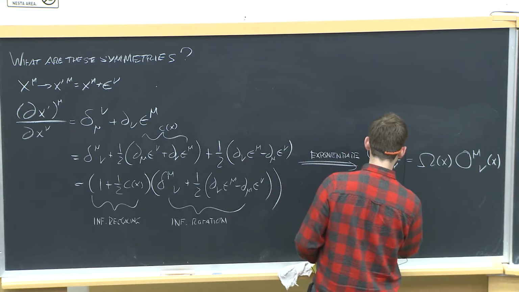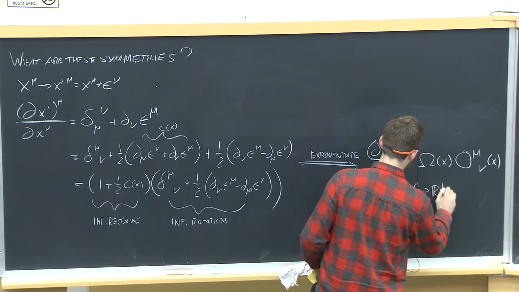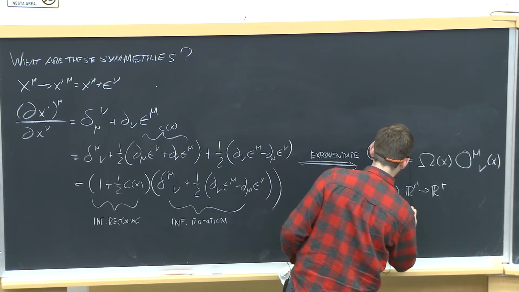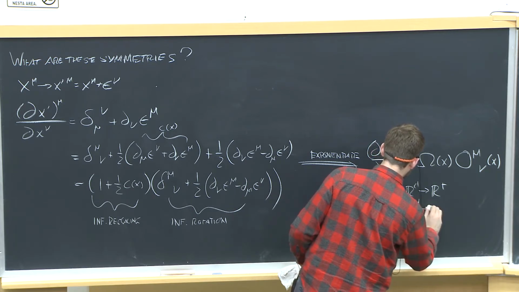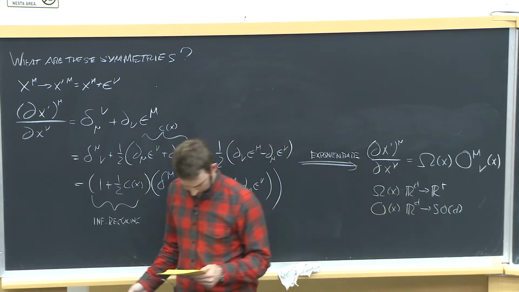So omega of x is some rescaling. It's a map into the positive reals. And O of x is a position-dependent element of the rotation group.